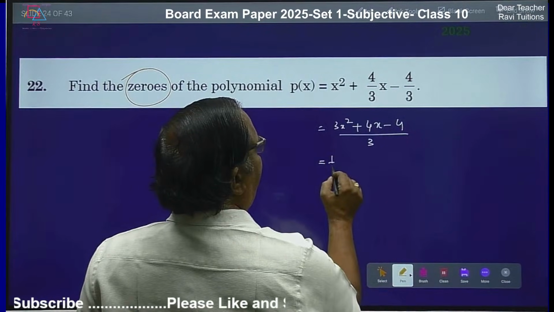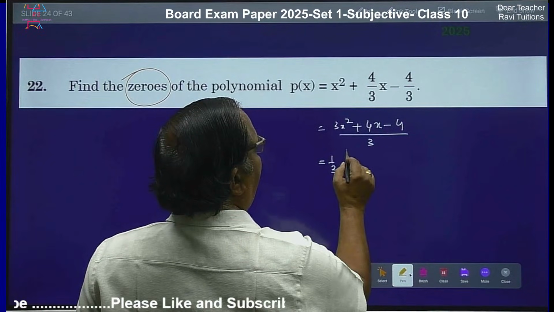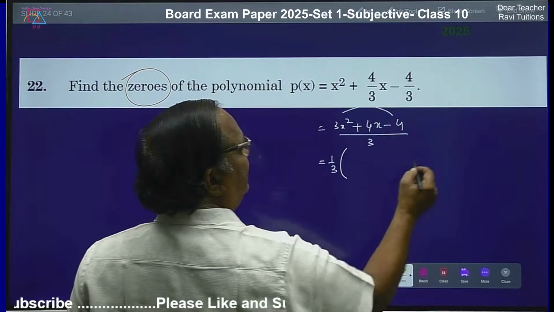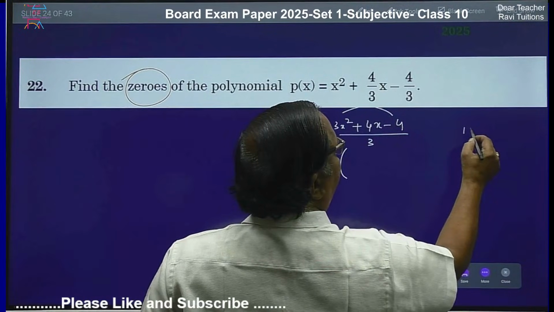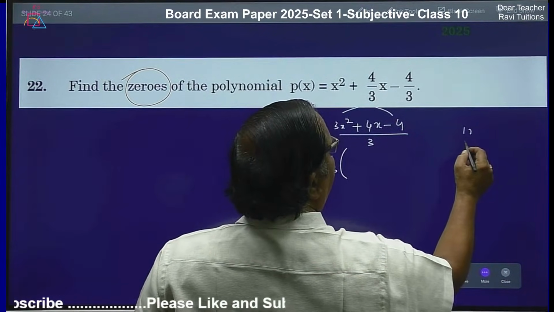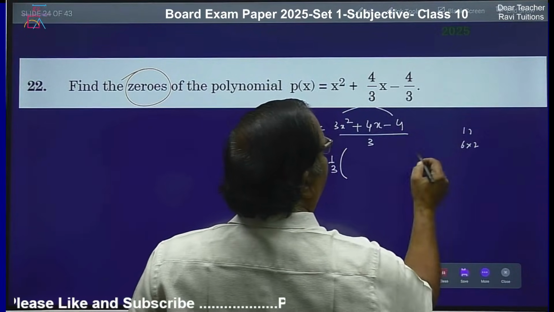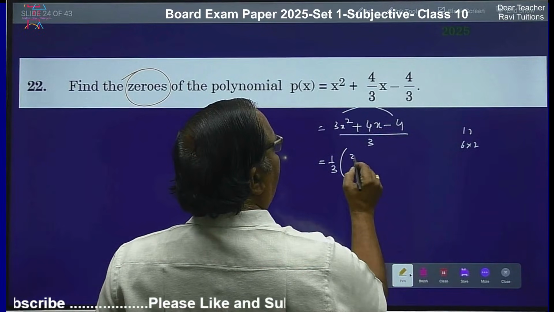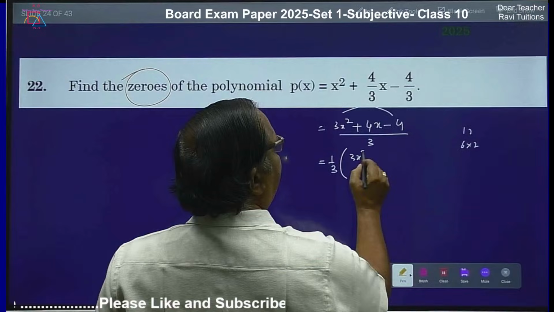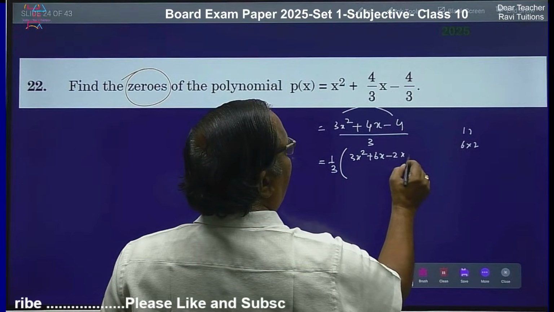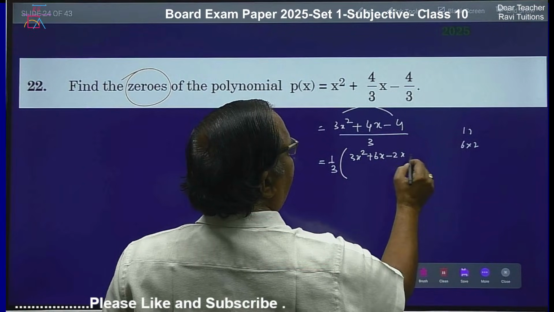So this 3 we will keep like this. Now factors, 3 fours are 12. Okay, 6 twos are 12. 6 minus 2 is 4. So 3x square plus 6x minus 2x minus 4.